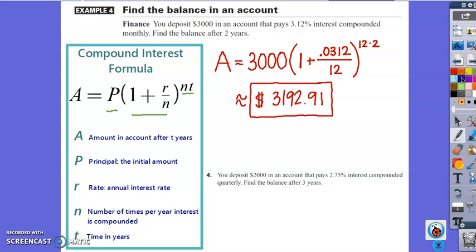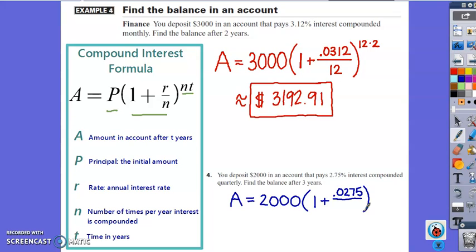Just one more example. Make sure you got this. This time we only have $2,000 to put in the account. We're going to keep 100% of that money, and don't forget to change that into a decimal. We have to divide that because that's a yearly interest rate, but we're only getting it compounded quarterly.